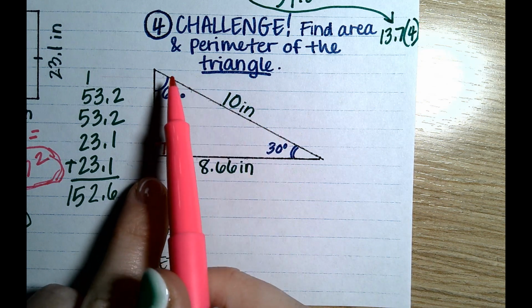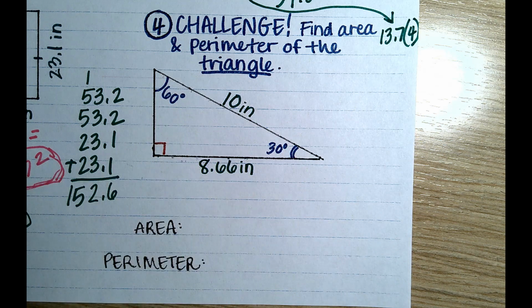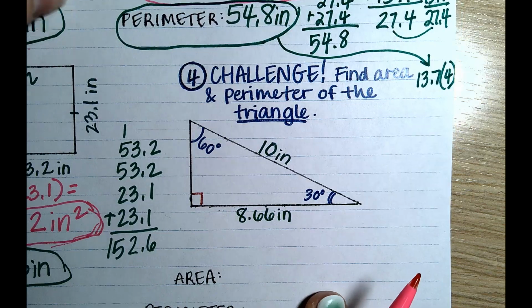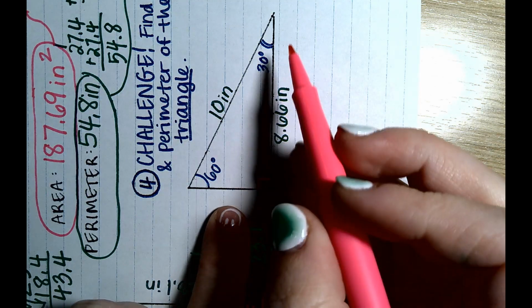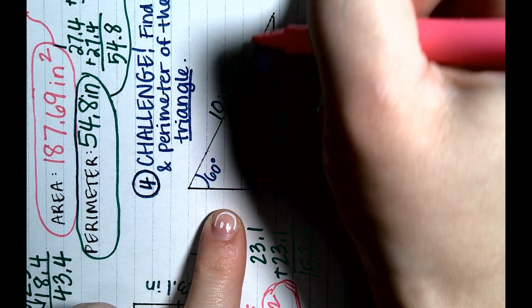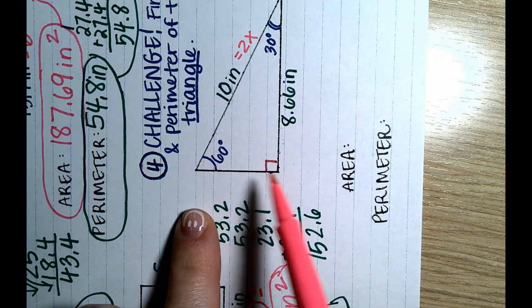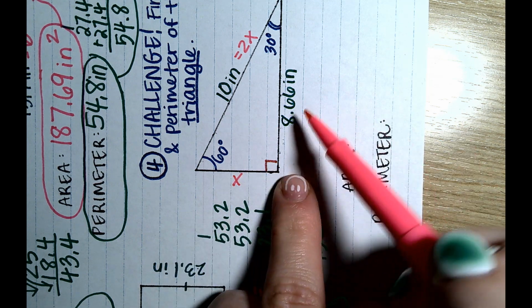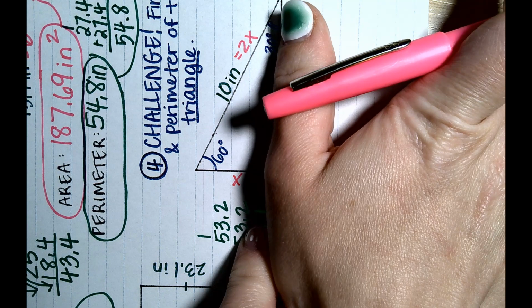So, first of all, Erica, notice this is a 30, 60, 90 triangle, just like from our last unit. So she also noticed, I'm going to turn my picture to the side to show this. Remember in this triangle, the longest side is 2x, the shortest side is x, and this is x radical 3, but we don't need to mess with that.